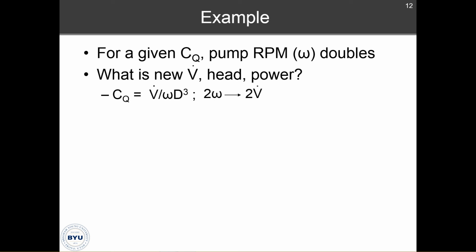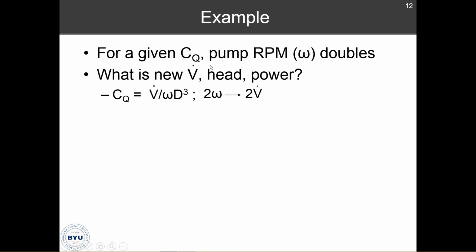How is it correlated with the speed? Well, we notice that if the speed goes up by a factor of 2, in order to keep the same coefficient of flow, the volumetric flow rate also has to go up by 2. And sure enough, that's how we correlate it. If the RPM doubles, then the flow rate also doubles. Okay, so that's what we do for flow rate: we look at this coefficient of flow rate.